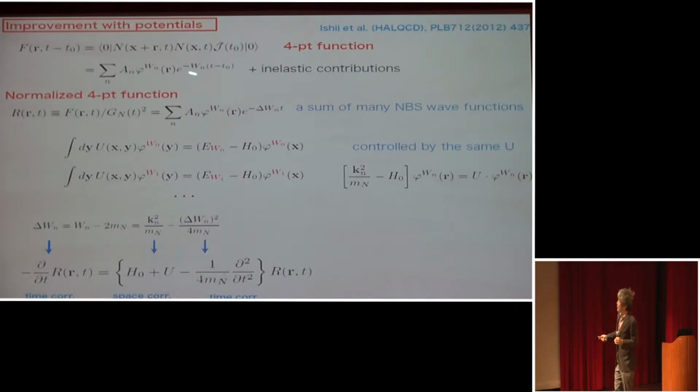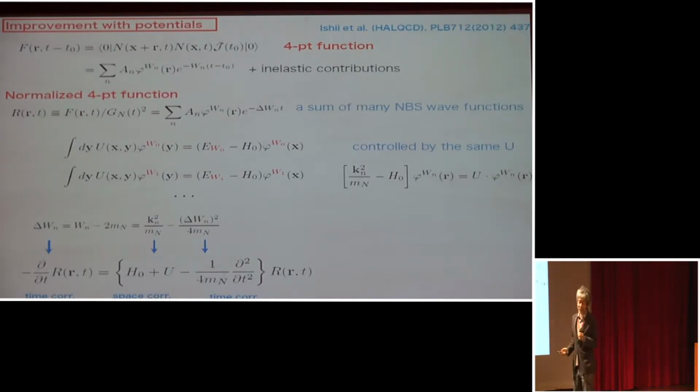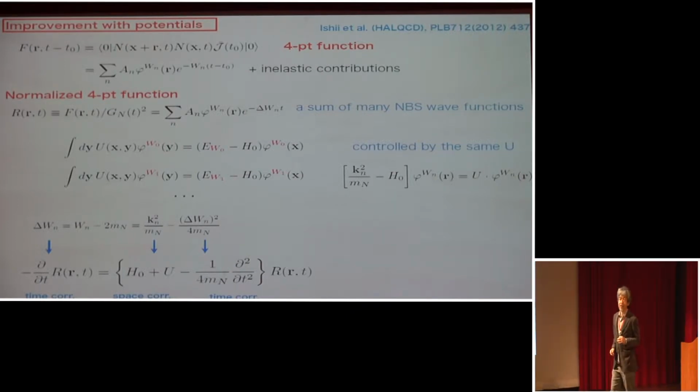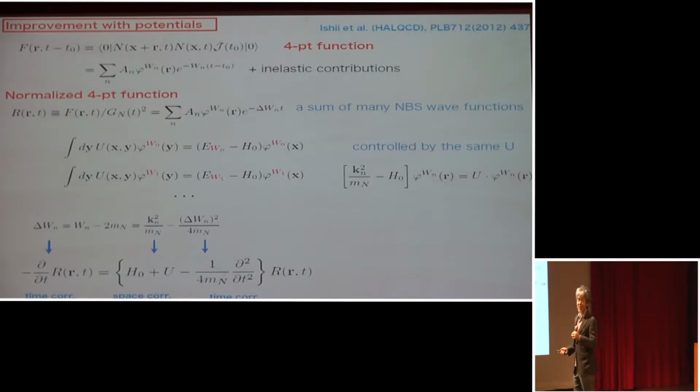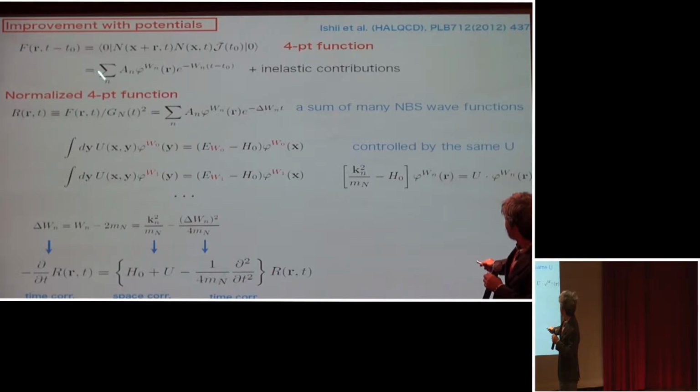The problem is, as I said, if we are interested in this wave function at the lowest energy state, we have to take T minus T0 very large to suppress higher excited state contributions. But our strategy is a little bit different. Suppose we consider this four-point function divided by the two-point function squared.